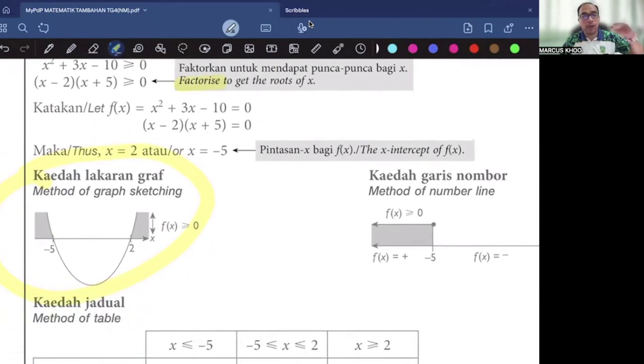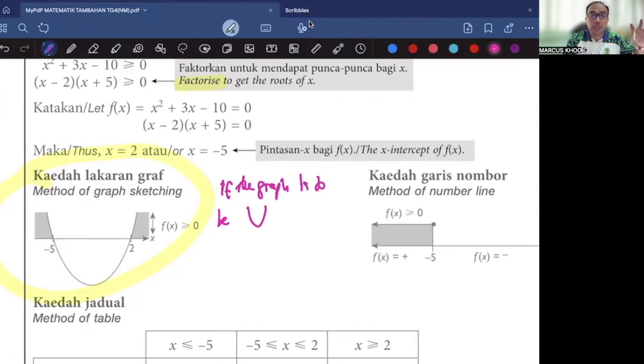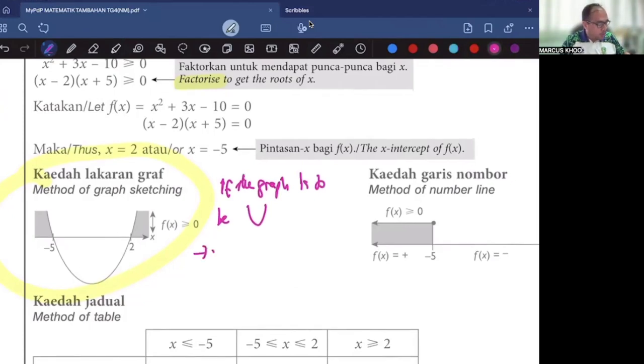Then you place them on a number line. Since one number is 2 and the other is -5, obviously 2 is more than -5, so 2 is on the right and -5 is on the left. Then you draw a U shape. One thing that needs to be mentioned: for the graph to be a U shape, because it's a quadratic graph, you must make sure that a is more than 0.